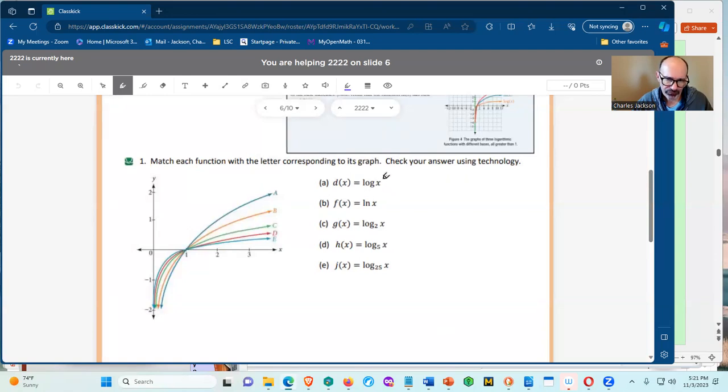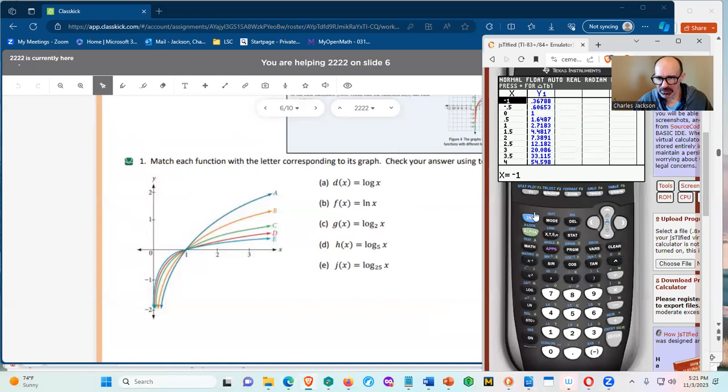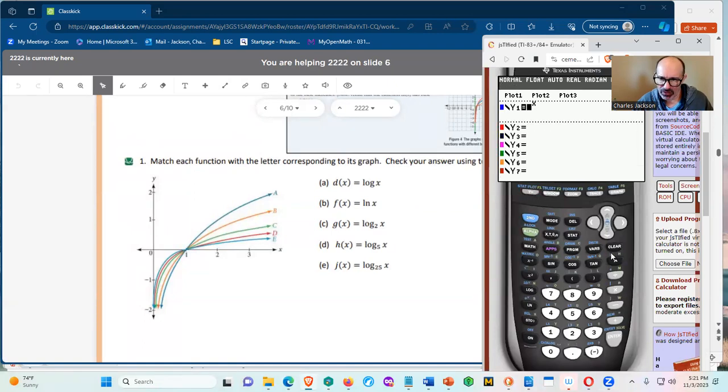Let's think about the natural log and the common log. Of course, we just looked at this. In fact, let's do something different.